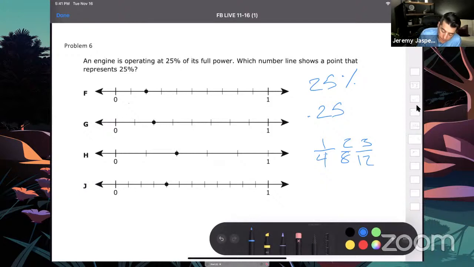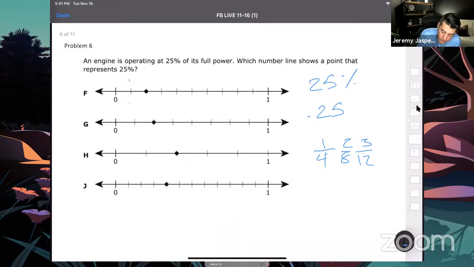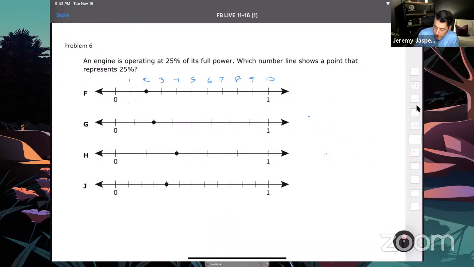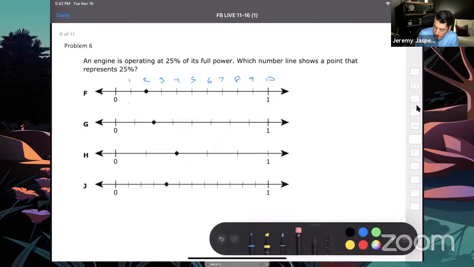So if I look at this, and I know I'm writing one, but I'm just counting the number of lines. So this is 1, 2, 3, 4, 5, 6, 7, 8, 9, 10. Let me do this so you can kind of see it here. If there are 10 individual spaces, how can 10 equal 1/4?